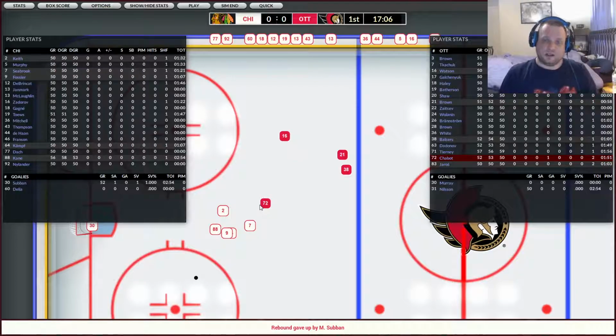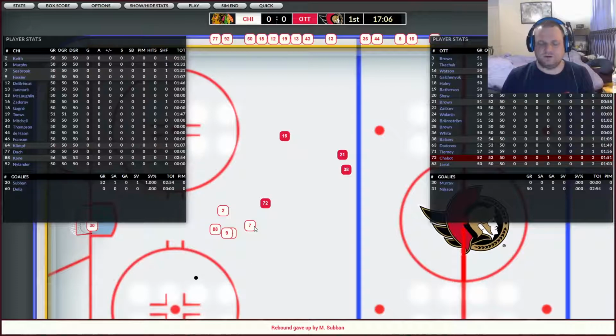Here's the thing with a major. First of all, the player is unavailable for 5 minutes, so your team is down a man for 5 minutes, but if the other team scores, your penalty is not over. So in that case, 72 roundhouse kicks 7 in the throat with his skate, a terrible thing to do, and goes into the penalty box for 5 minutes.